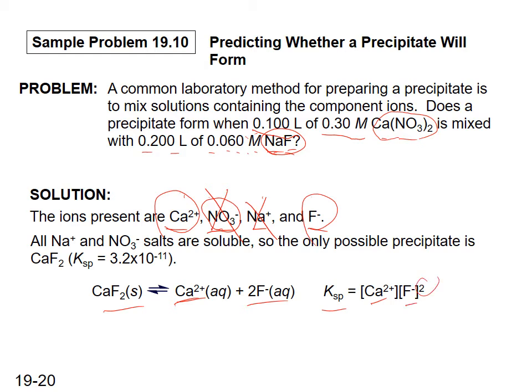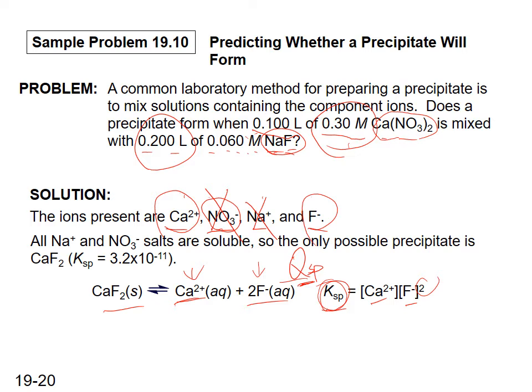So the plan is we need to calculate Qsp. Using this concentration, we calculate the calcium concentration and fluoride concentration to calculate Qsp, and compare with Ksp found from the textbook.